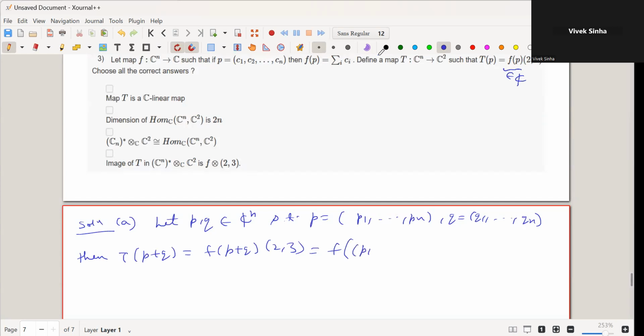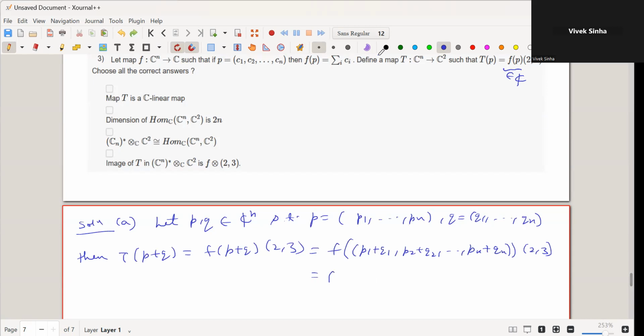It is P1+Q1, P2+Q2, ..., Pn+Qn. Someone asks, can we take c1 and d1 like that? You can take that, it's your choice, it won't affect. It just means that if P is an n-tuple, you take the summation of all n coordinates. So your n-tuple is P1+Q1, P2+Q2, and so on.